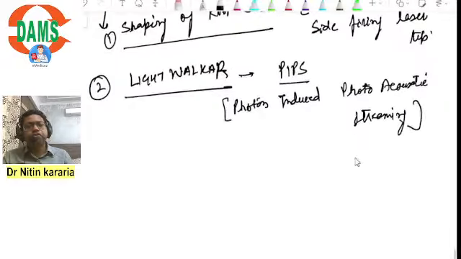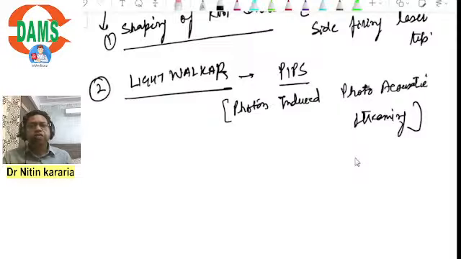Photon induced photoacoustic streaming. So what laser do we use in PIPS and in shaping of the root canals? Erbium YAG lasers. Light Walker is the brand name and PIPS is the technology, that is photon induced photoacoustic streaming. An advanced form of PIPS is sometimes also called SWEEPS.